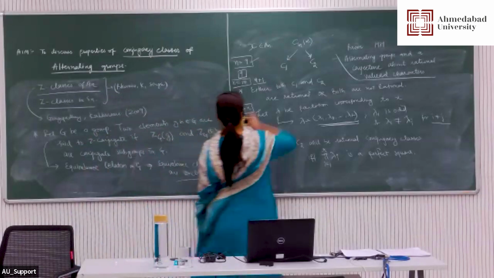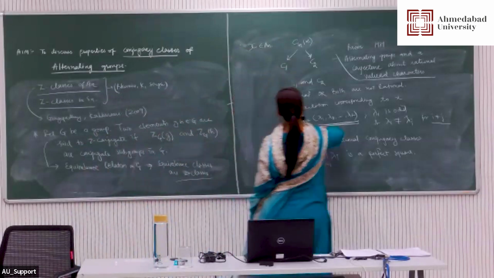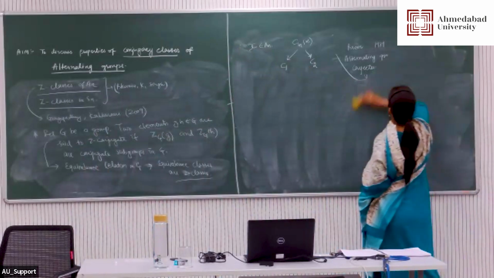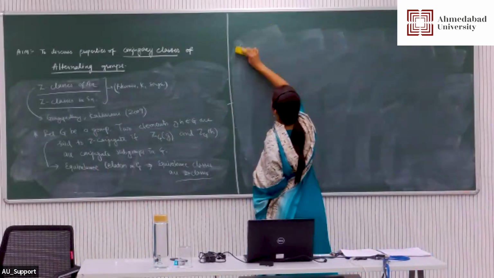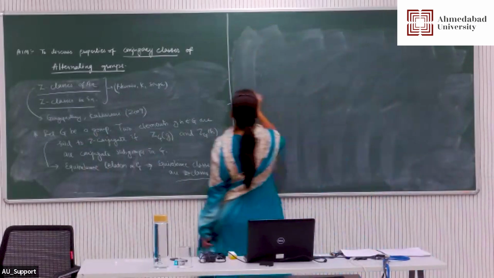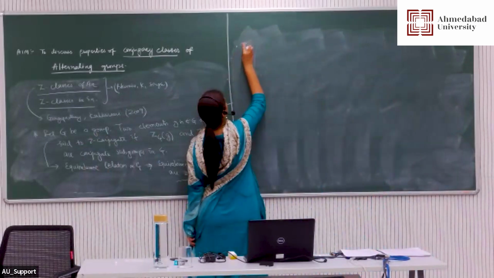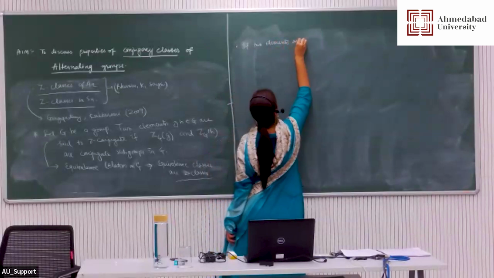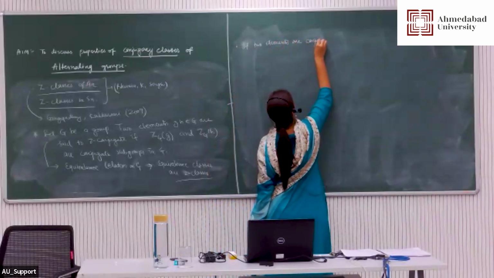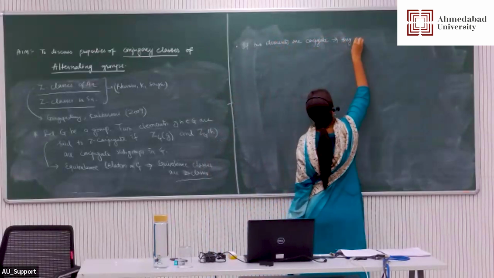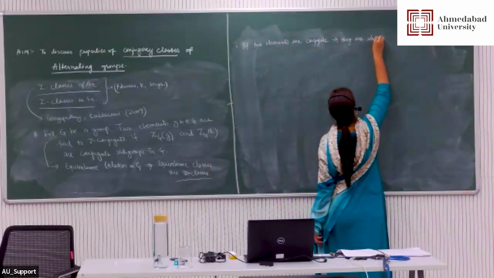The first result I'm going to say is that if two elements are conjugate, then they are also Z conjugate.